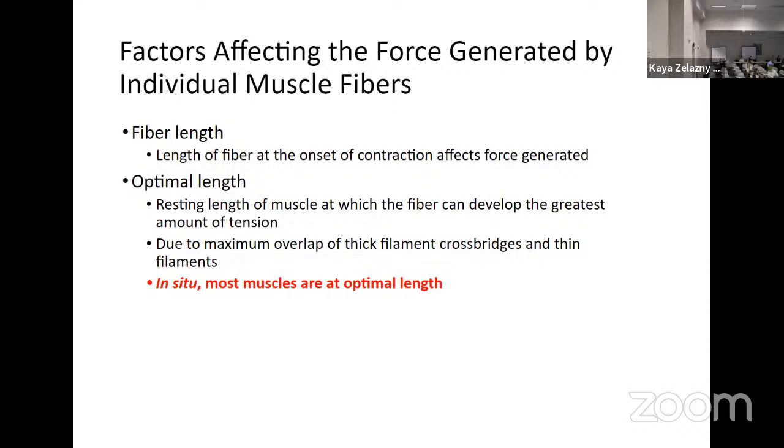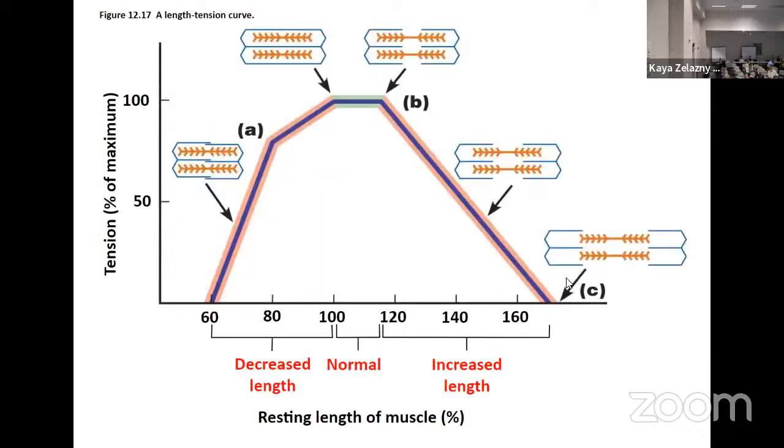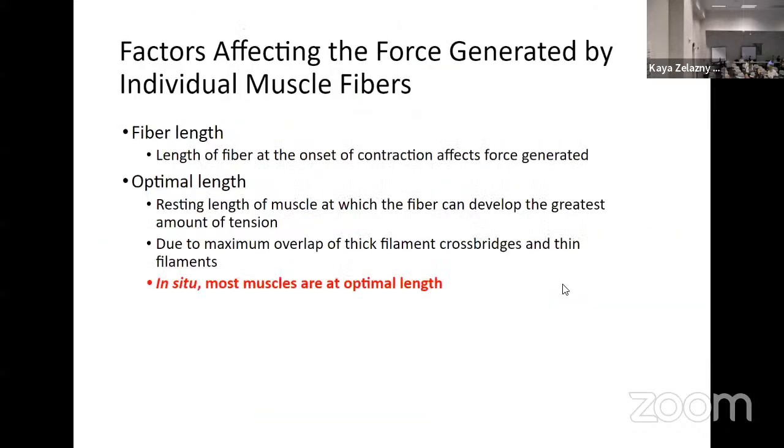This is when we have our optimal amount of overlap between the thick and thin filaments. Fortunately, you don't have to worry about this most of the time. Your muscles are pretty much positioned normally in your body at their optimal length. But we'll take a look at what exactly that means about the right amount of overlap, because I think it's going to make sense with the picture. Do I have a picture? Okay, the picture is at the end there.